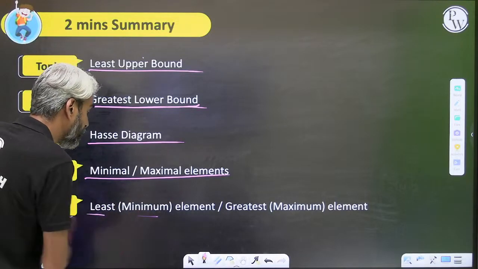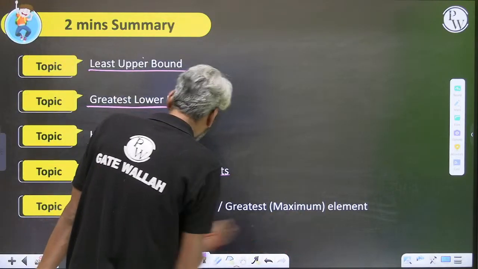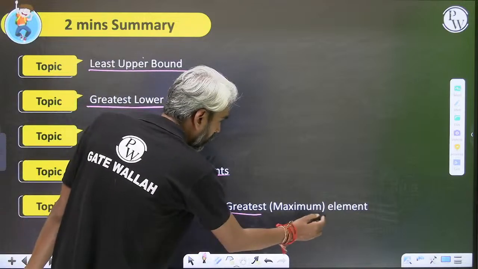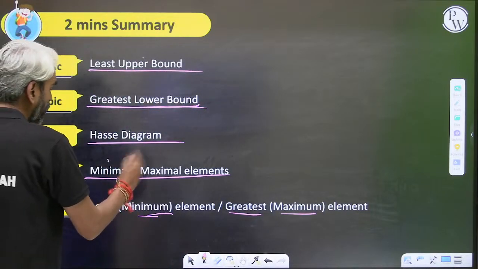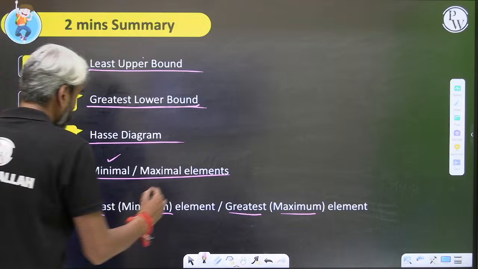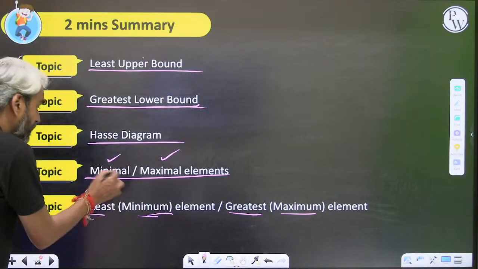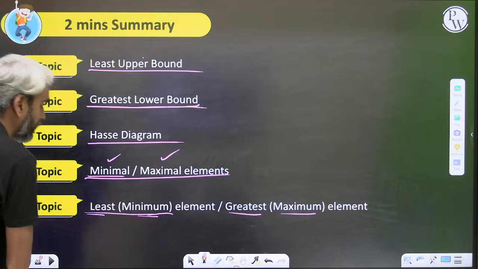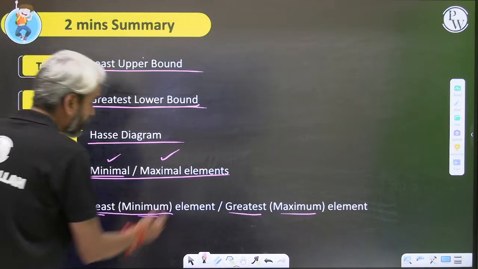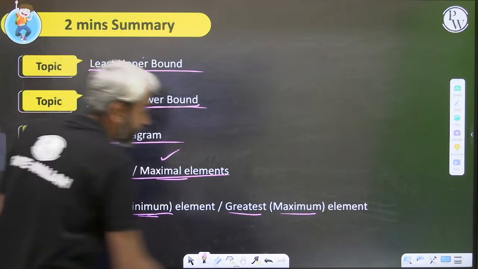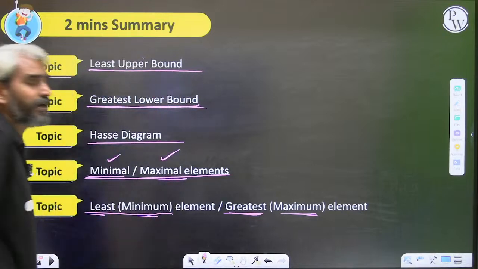Now least element or minimum element, or greatest element or maximum element. So if there exist two or more minimal, there will be no minimum. If there exist two or more maximal, there will be no maximum. If there exists a unique minimal, then it will also be the minimum or least element of the poset. If there exists a unique maximal, it will also be the maximum or greatest element of the poset.